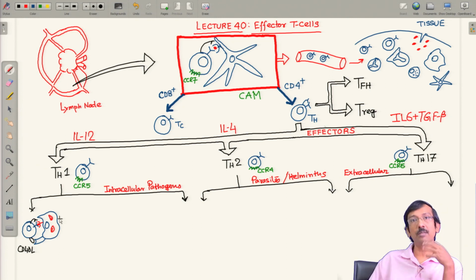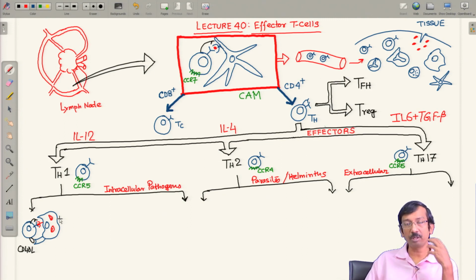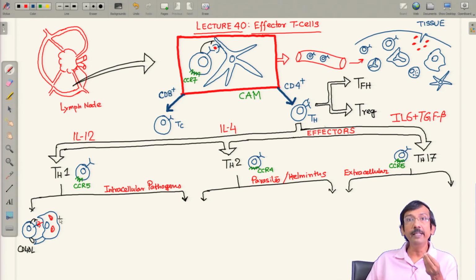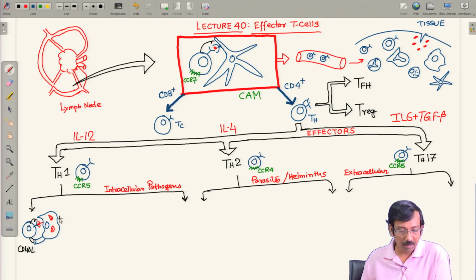there is, of course, signal transduction, downstream transcription of more genes, and that leads to the production of different cytotoxic materials, some cytokines that will go and kill the bacteria more efficiently. So, this is one of the functions.